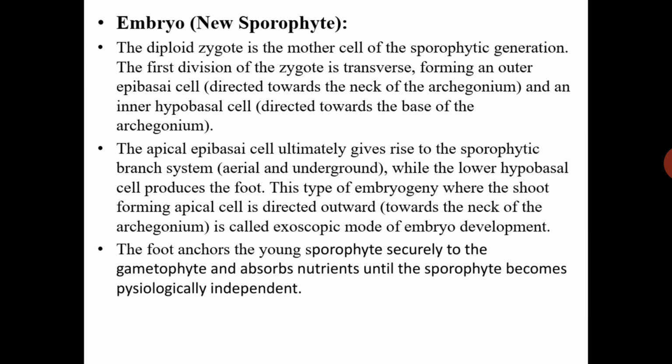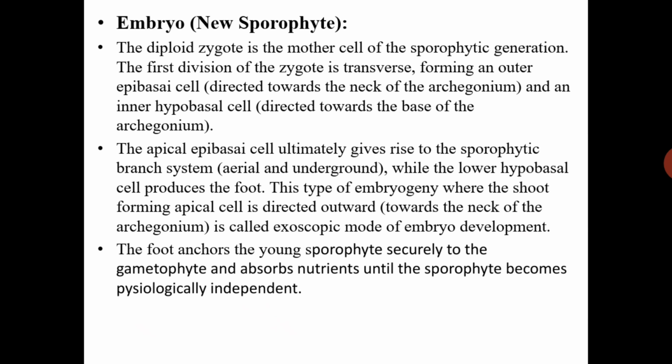Next, after formation of the zygote, comes the embryo, the new sporophyte. The diploid zygote is the mother cell of the sporophytic generation. The first division of the zygote is transverse, forming an outer epibasal cell directed towards the neck of the archegonium and an inner hypobasal cell directed towards the base of the archegonium.